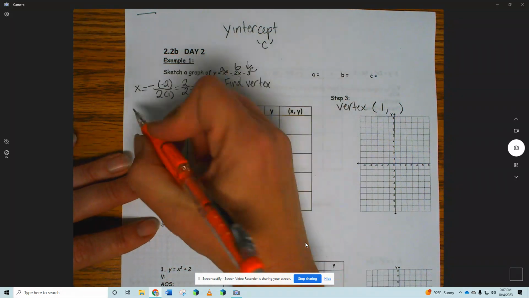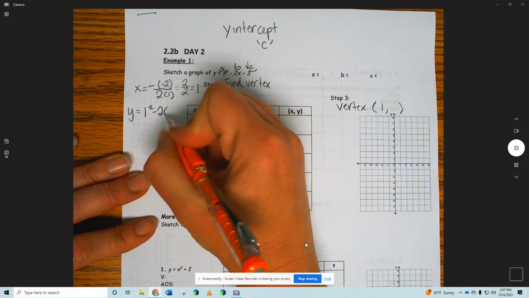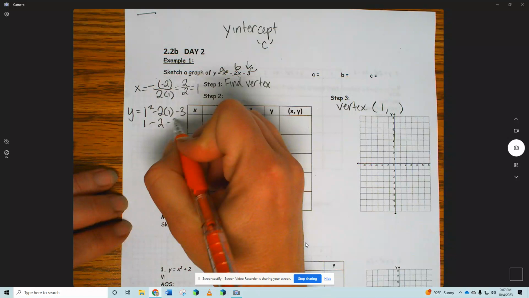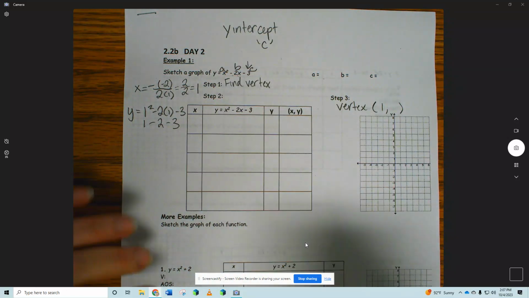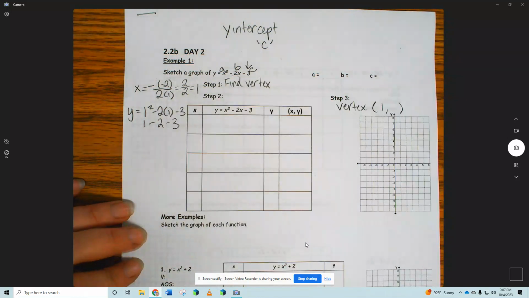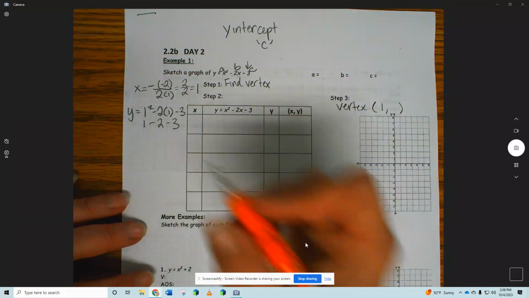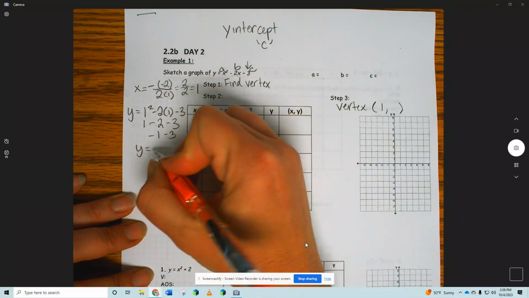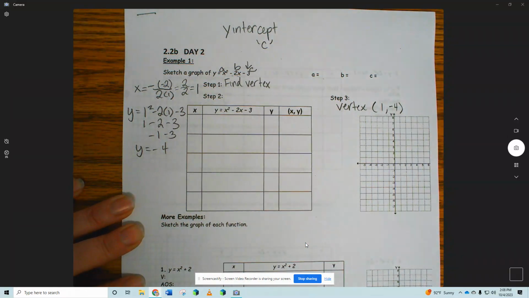Y equals 1 squared minus 2 times 1 minus 3. 1 minus 2 minus 3. What's 1 minus 2 minus 3? -4. Okay. My vertex is 1 comma -4.